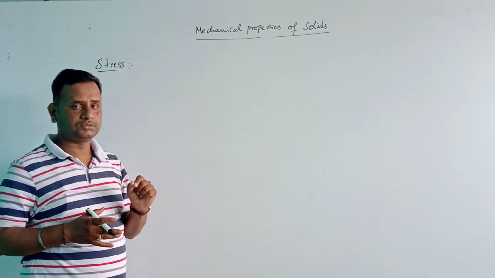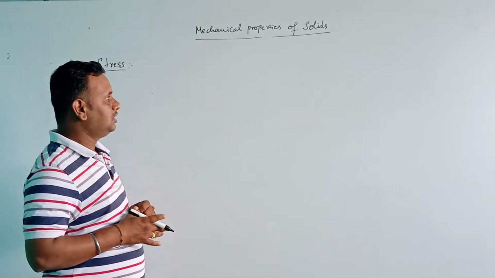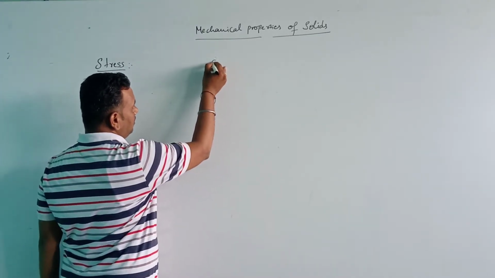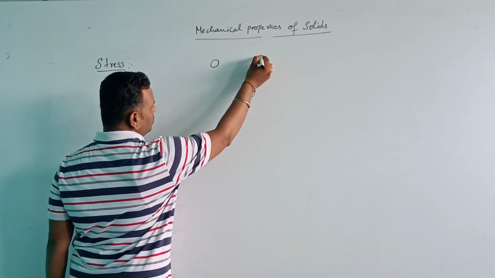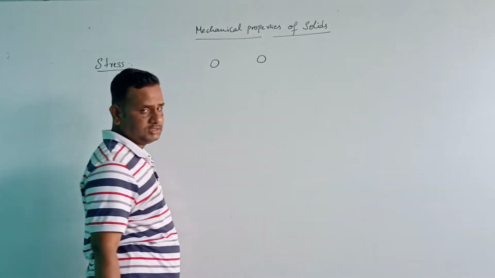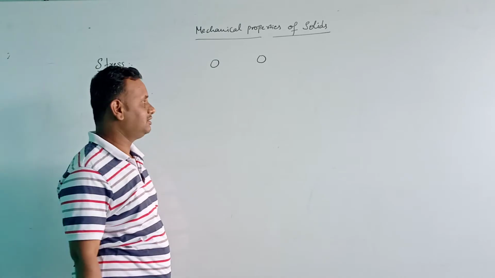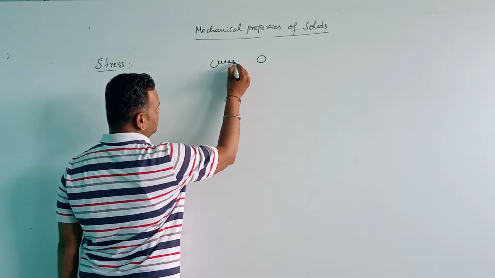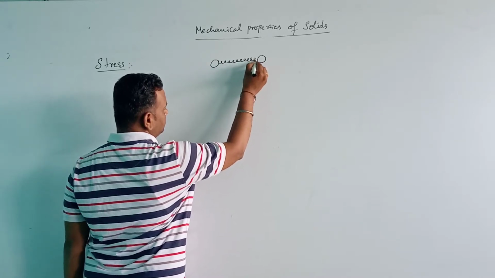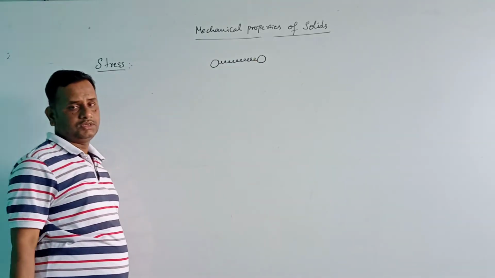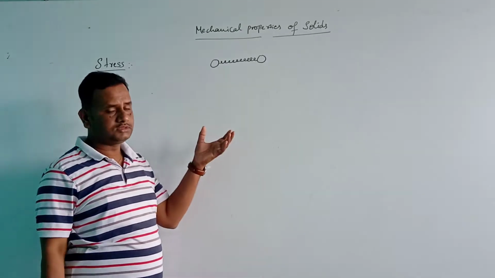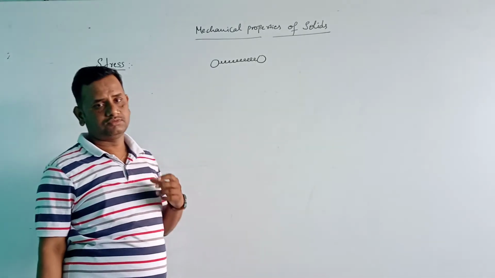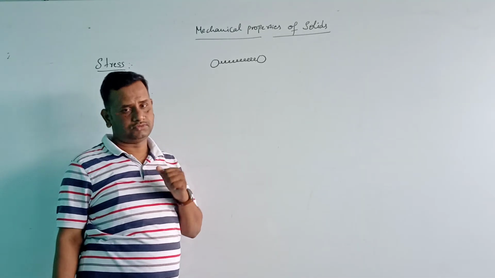As I explained in yesterday's class, by taking an example, suppose we take two balls, the same example, and these two balls are connected with a spring. The same thing happens in molecules in solids: molecules are held together by a force called the intermolecular force.